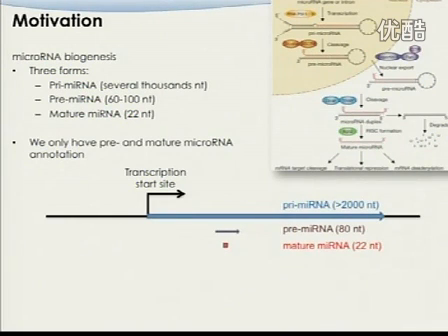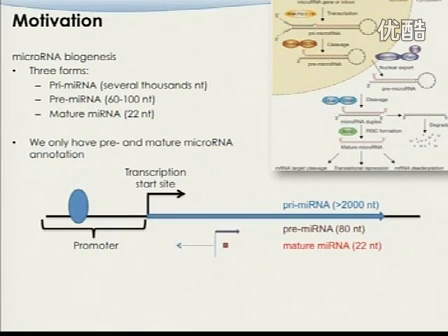And if we want to study how these microRNAs are regulated, we better go to the transcription start site of the microRNA and look for the promoter regions, and further look for which transcription factor is binding in those regions. So we better know the promoter regions of these microRNAs.